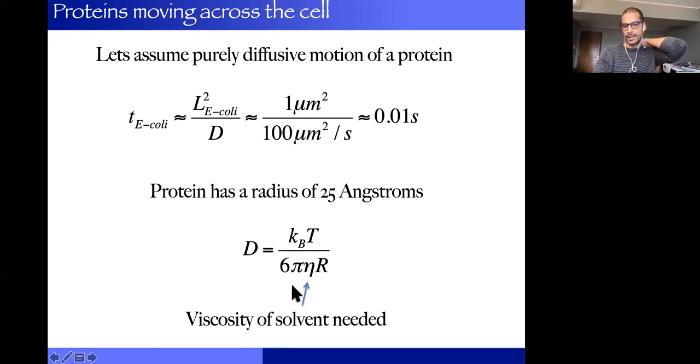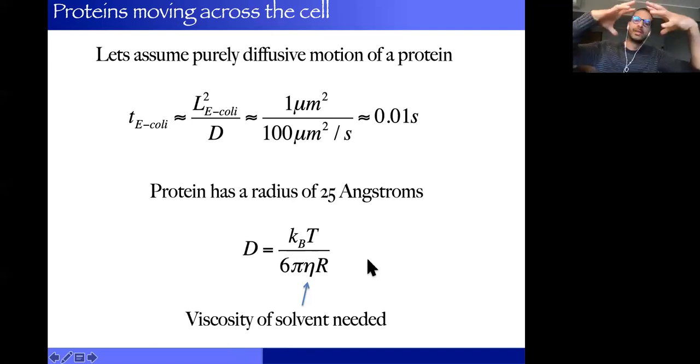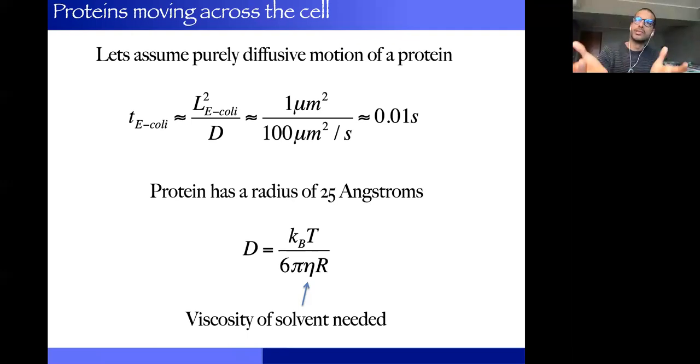Taking a spherical cow, a protein with a radius of 25 angstroms, and the bulk viscosity of water, the diffusion constant is about 100 micrometers squared per second. So it would take 1 millisecond for the protein to diffuse across the length of 1 micrometer.